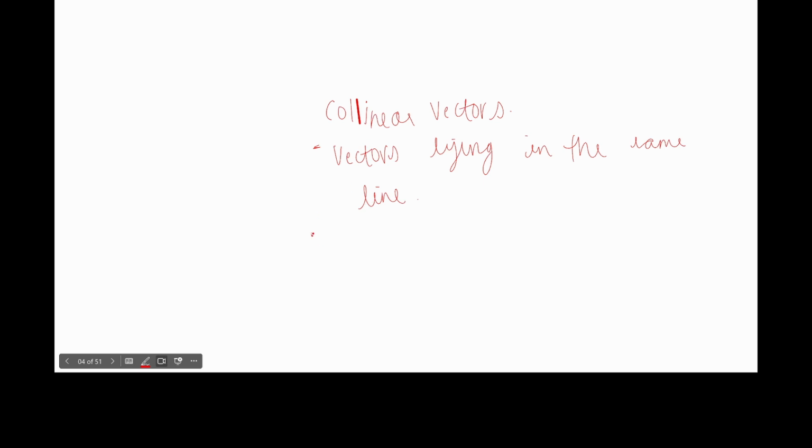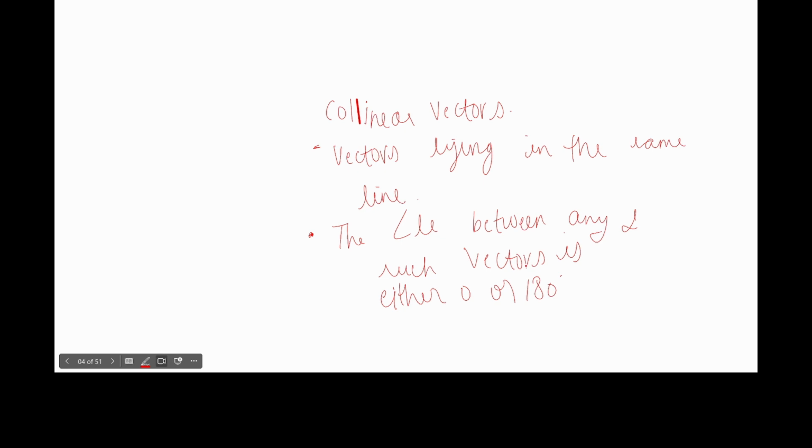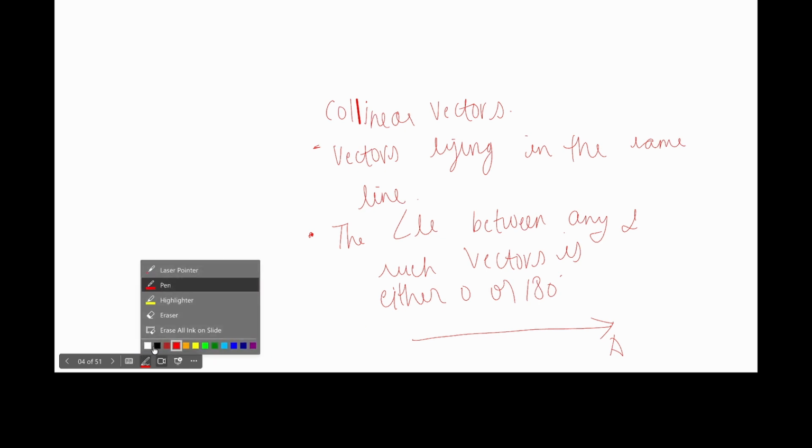And an important point is that the angle between any two such vectors is either 0 or 180 degrees. So the angle between any two collinear vectors can be 0 or 180 degrees. Let me draw a clean diagram. This is vector A. Let me represent vector B with another color.